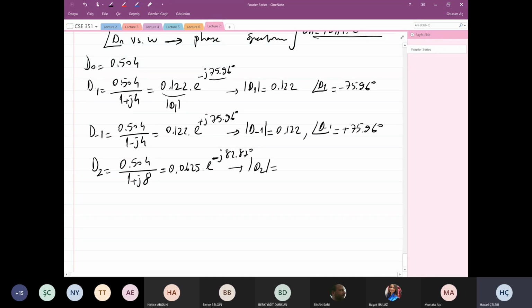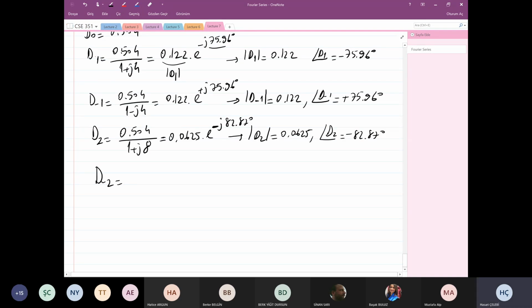So the amplitude in this case is equal to this, and the phase is equal to minus 82.87 degrees.